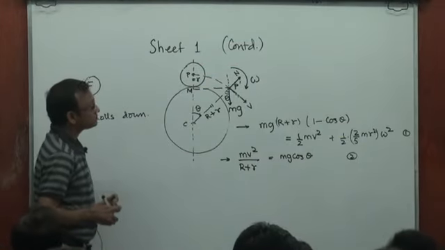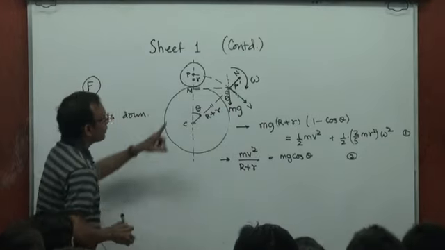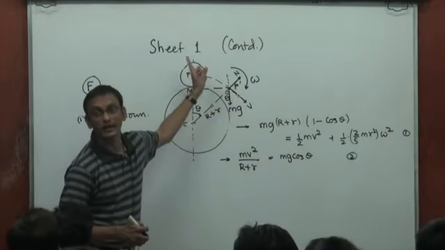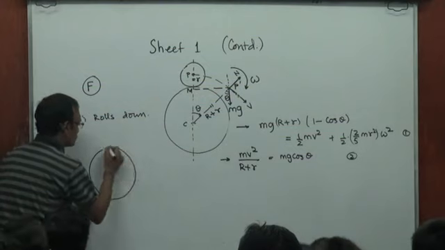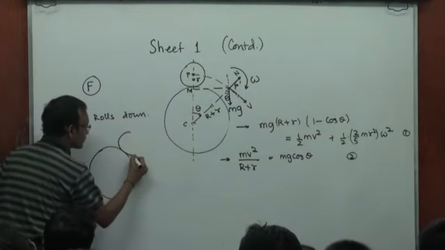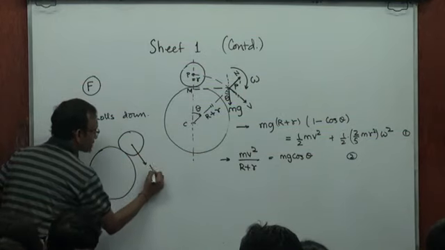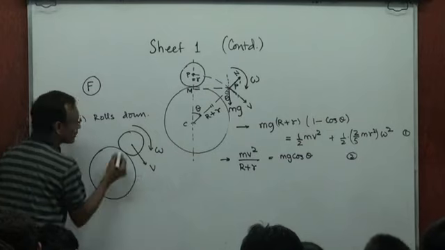Now, realize that when it goes from P to P prime, it's been rolling all the way. So, at this point, it has a linear velocity v and an angular velocity omega, right?